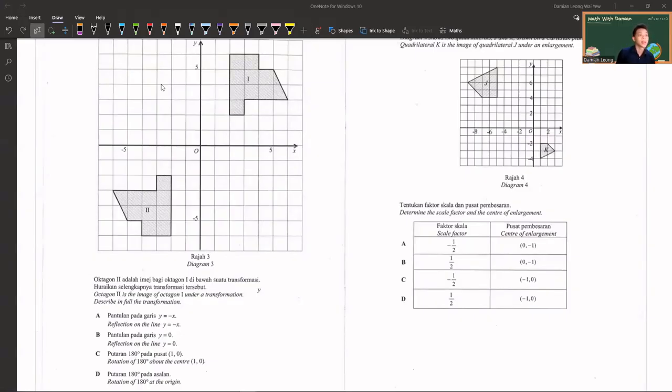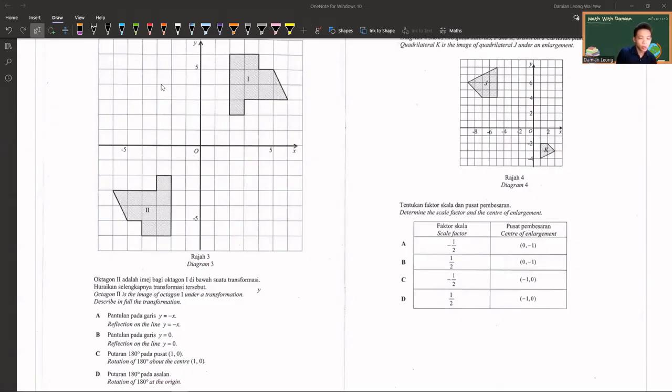Kami ingin huraikan selengkapnya transformasi ini. So, we have to determine what type of transformation it is. Bagaimana kami menentukan apa transformasi yang menukarkan oktagon 1 ke oktagon 2 ini.